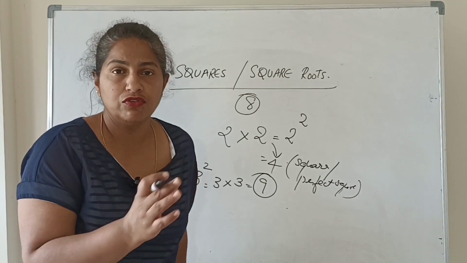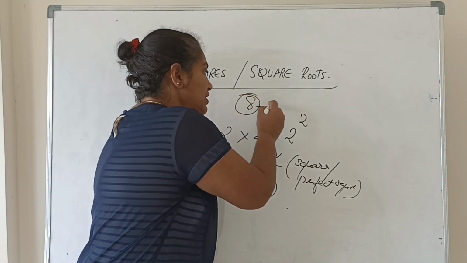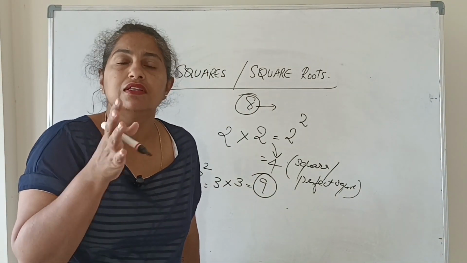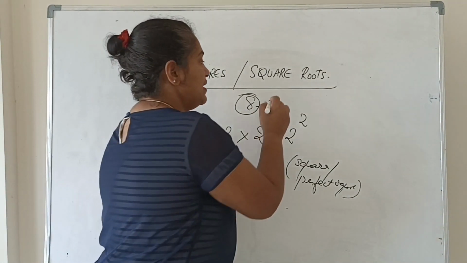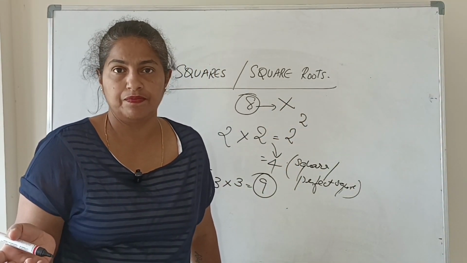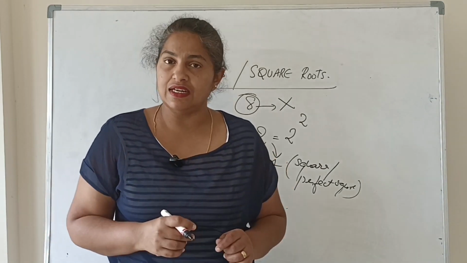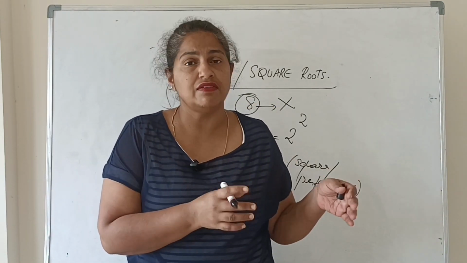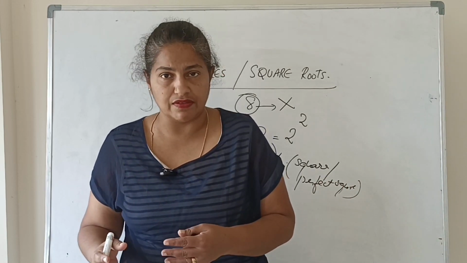You know that there is no such number which will give me 8 when I am multiplying the number with itself. Therefore, I can say confidently that 8 is not a perfect square, or 8 is not a square. So, from this we understand that in the number system, there are numbers which are squares and there are numbers which are not squares.